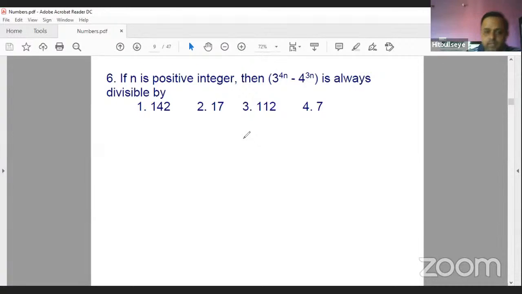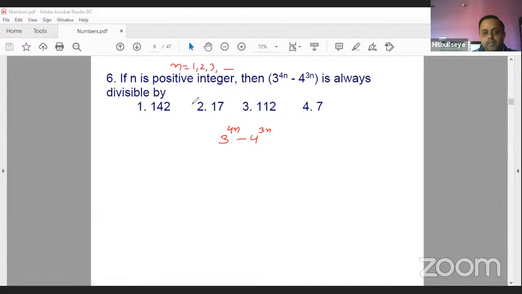No, n is a positive integer. So the question is asking which among the given options will divide this number. The number given to you is 3 raised to power 4n minus 4 raised to power 3n. Since n is a positive integer, n can take values 1, 2, 3, and so on.